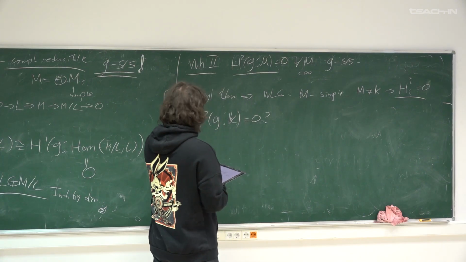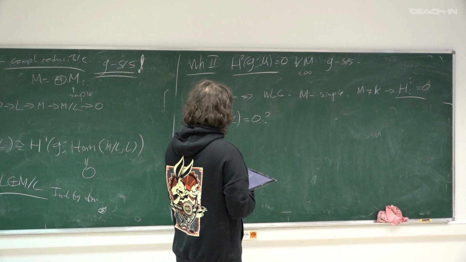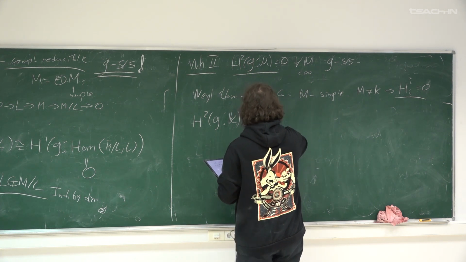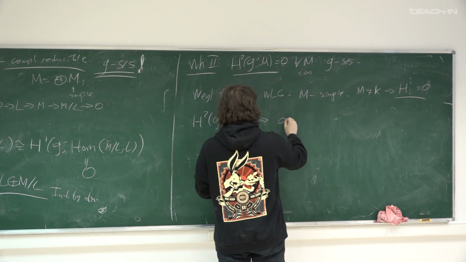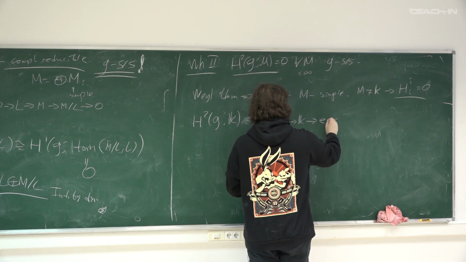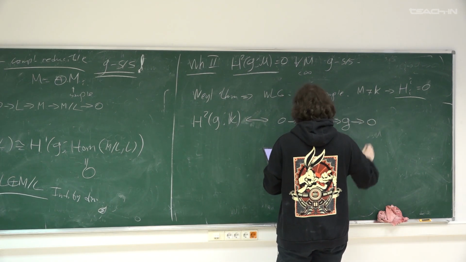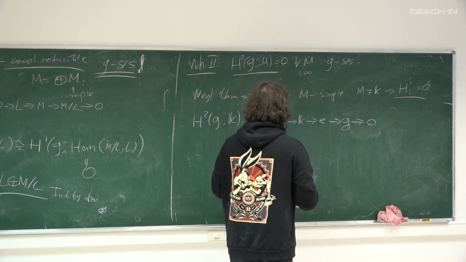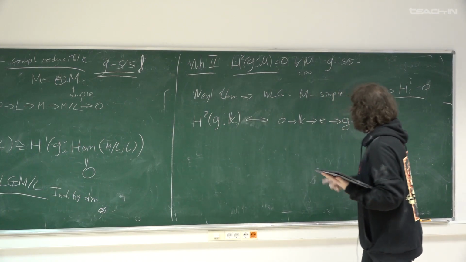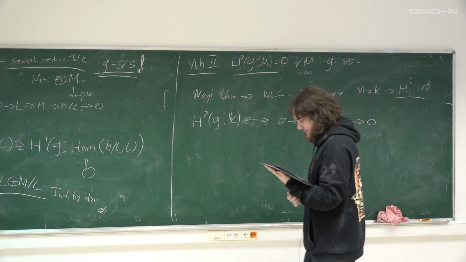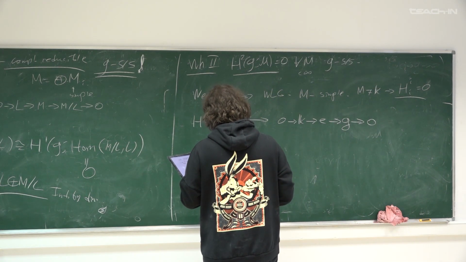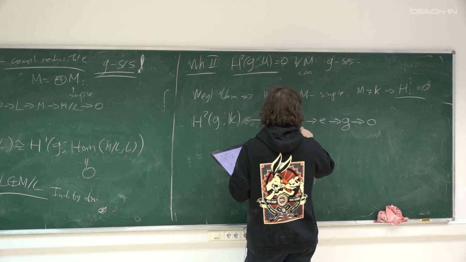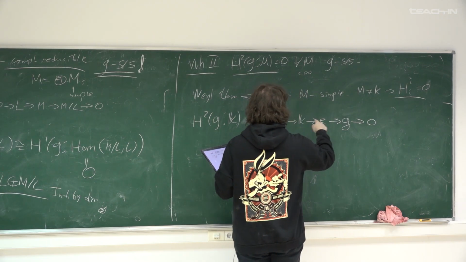But we know what second cohomology is. Second cohomology classifies Lie algebra extensions, central extensions. So it classifies extensions of this form. Here are Lie algebras, here K is an abelian Lie algebra and a trivial G-module. Because this module is G-trivial, this means that K itself is central.